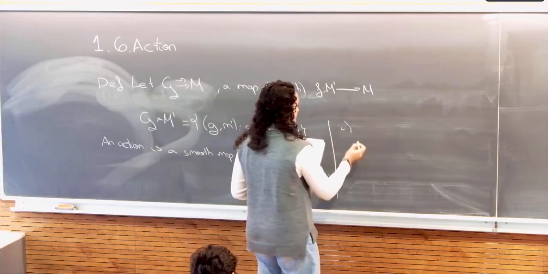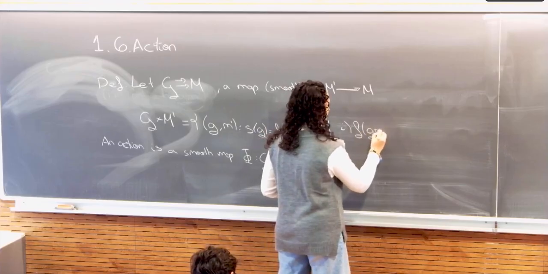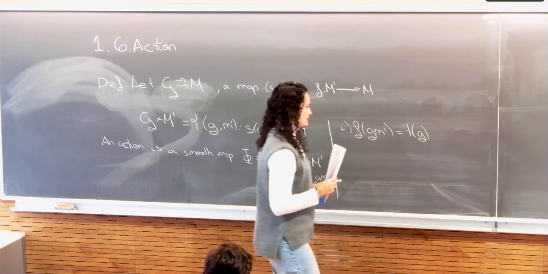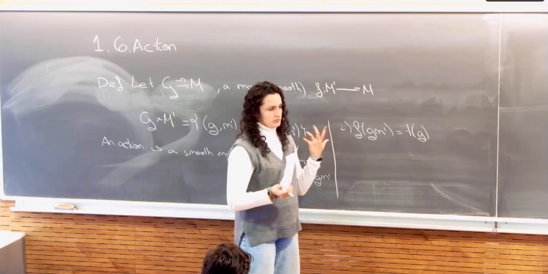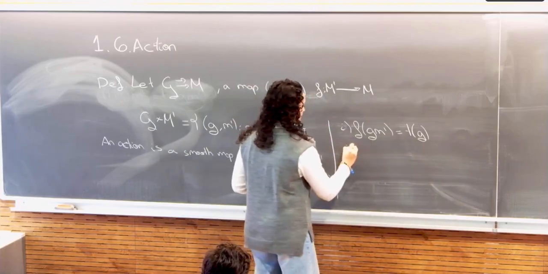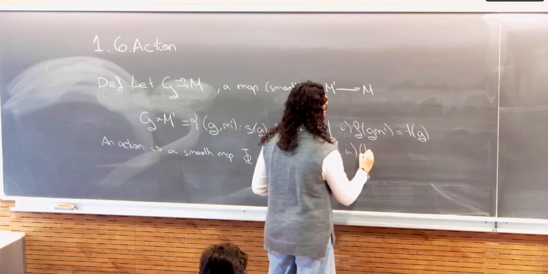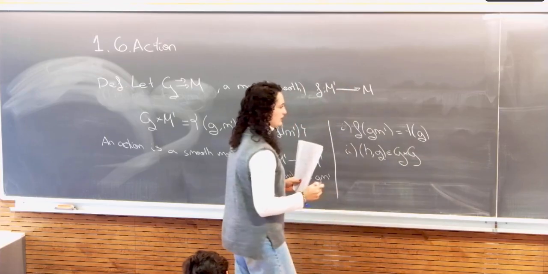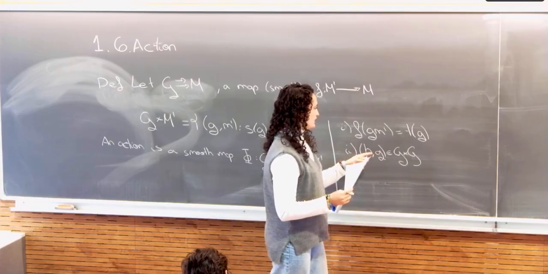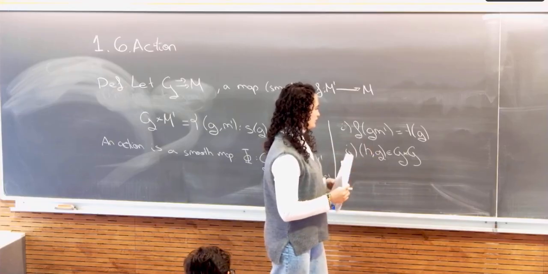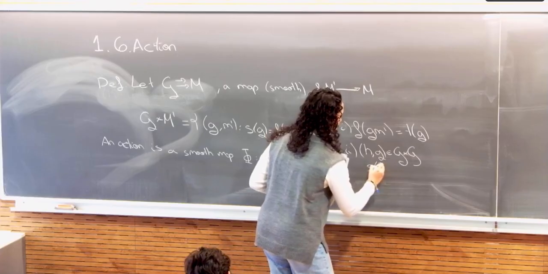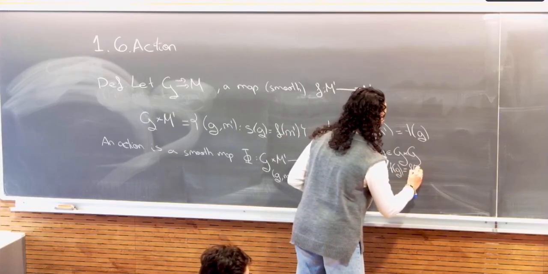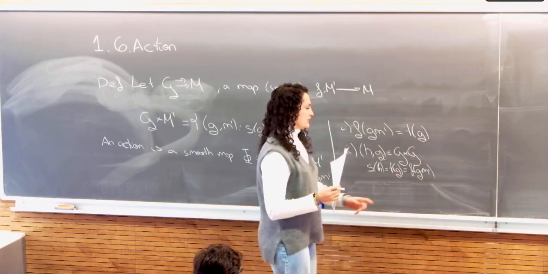The first one is that F of Gm prime is the target of G. This is in order to get what we previously mentioned, that if H is composable with G, then the source of H is the target of G, and it's equal to F of G n prime.